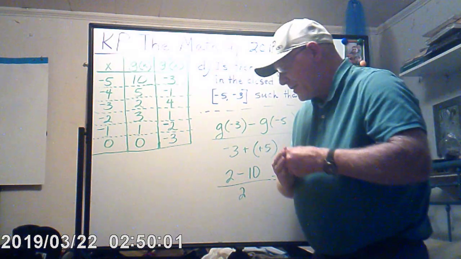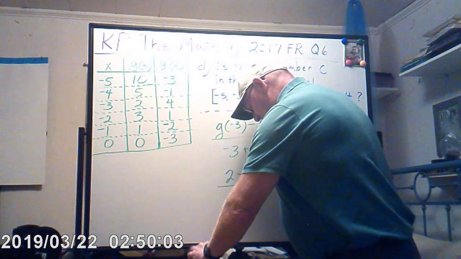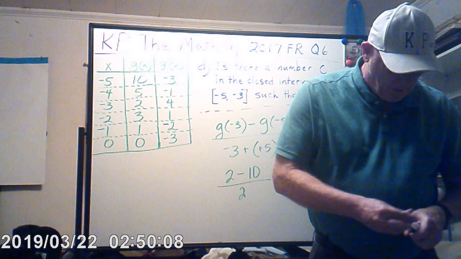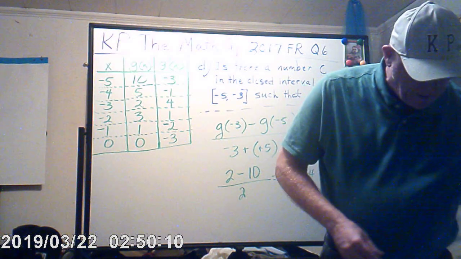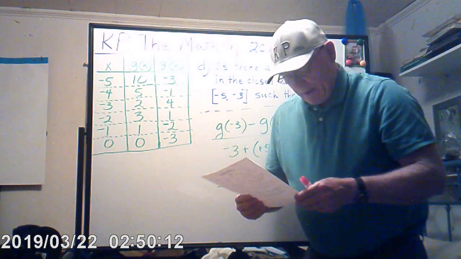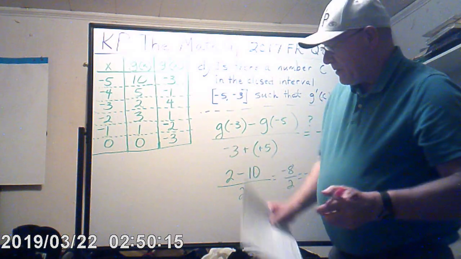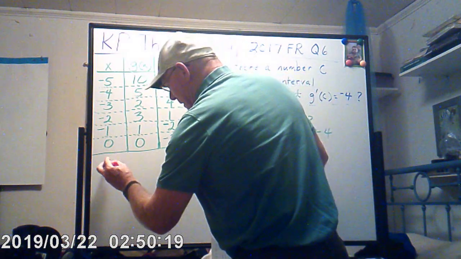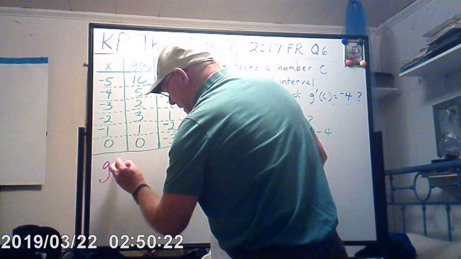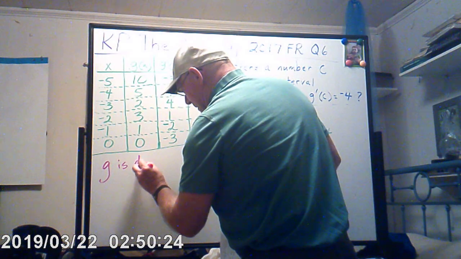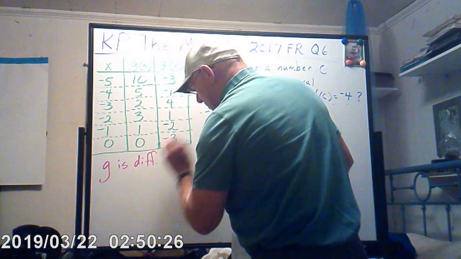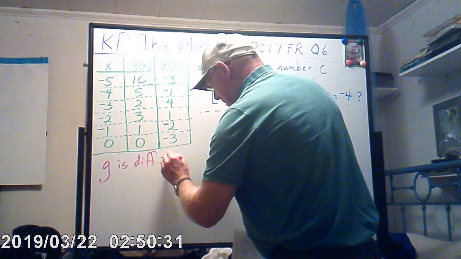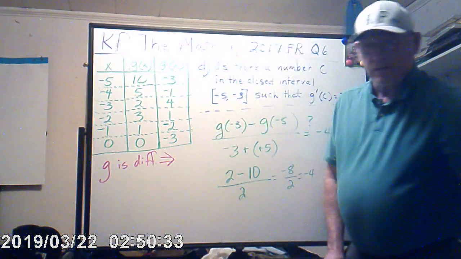Now what we have to do is explain this. Let me see if we can come up with a good explanation. First of all, we got to state, and I've said it verbally, that g is differentiable, which implies, what does that imply?